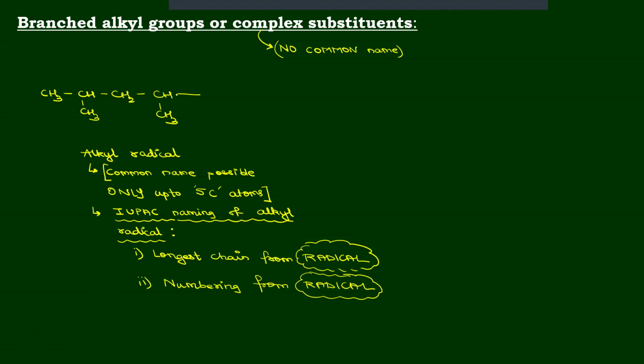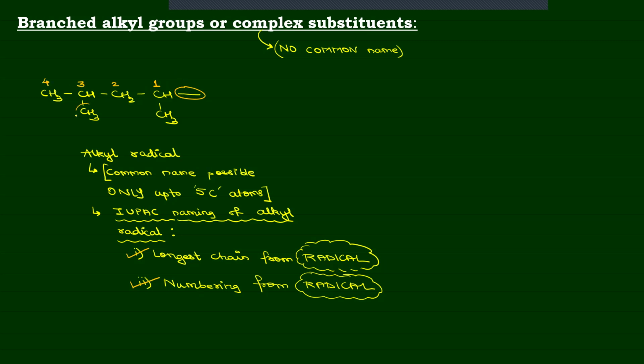So if I ask with respect to this radical or the unshared valency, how many carbons can be selected in the longest chain, starting from the radical? 4. Starting from the radical, you can have 1, 2, 3, and 4 to the bottom or 4 to the left. It's the same chain. And once we select the longest chain, the numbering is also to be started from the radical. It means that the radical carbon will always be getting the position 1.